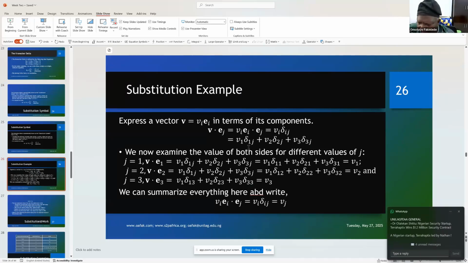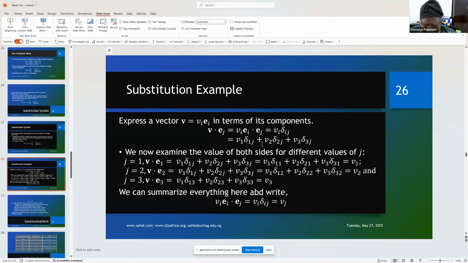You should see that J here is a free index. It's not a dummy index. So because it's a free index, there will be 3 equations. We can take the first equation when J is equal to 1: V dot E1 is equal to V1. When J is equal to 2, V dot E2 is equal to V2.